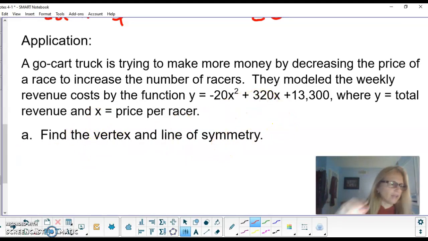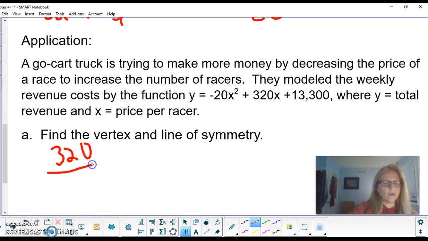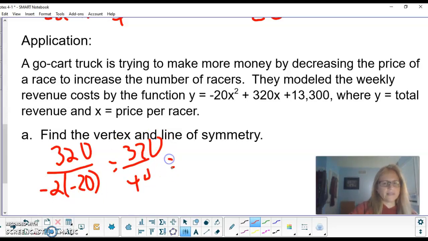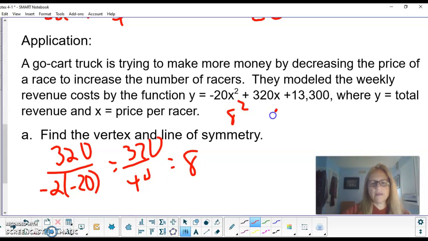So here we go, guys. The vertex. That would be b, which is 320, over -2 times -20. So 320 over 40. Well, that's easy. That's 8. Good. Then we have to put 8 in here. So we have to put 8 squared in here times 8.